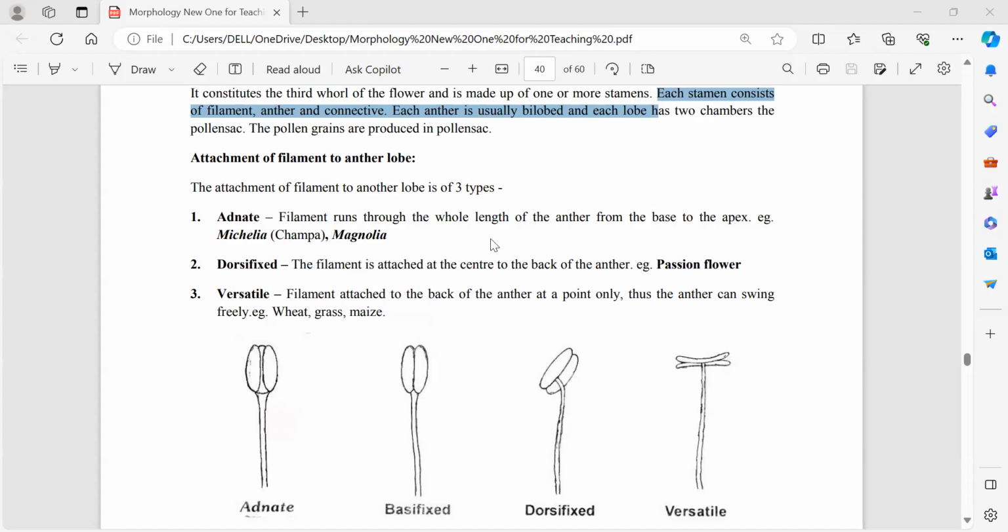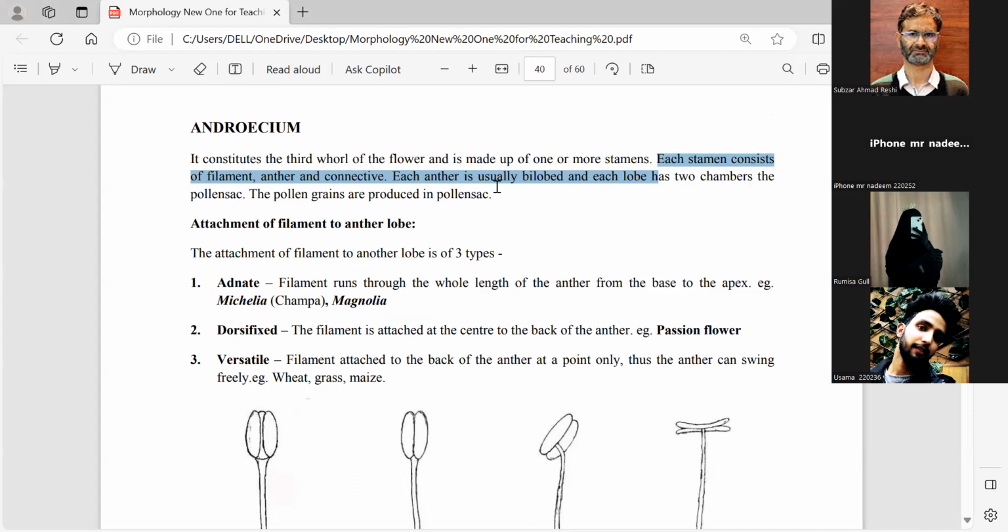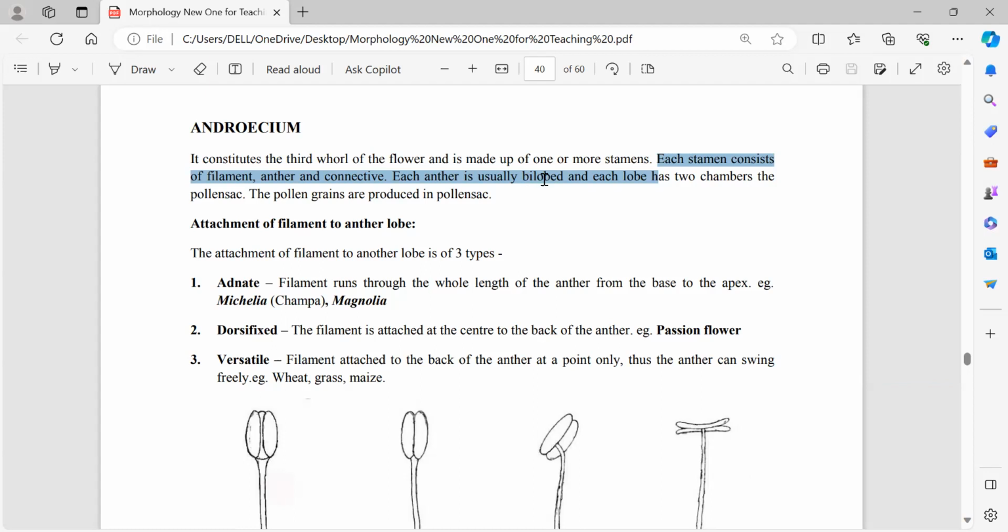Now these stamens together form the androecium, and androecium is the male whorl of the flower. The anther is the upper portion of the stamen. Anther is usually bilobed; it has two lobes. This is the normal case. We can have an anther with one lobe as well, but the most general case is that the anther is bilobed, and each lobe has two chambers.